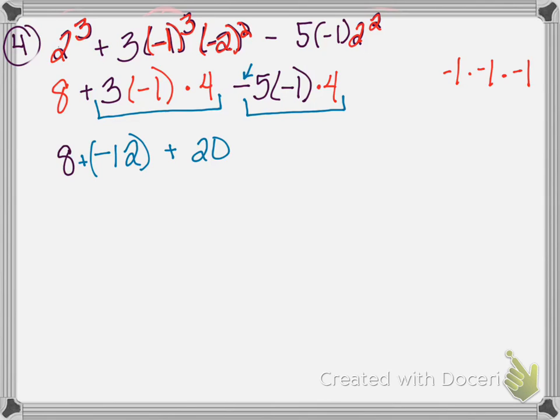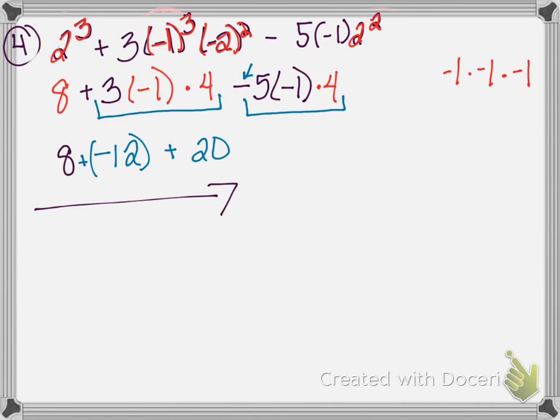Okay? Now, students at this point do things a different way. A lot of times students will just add and subtract from left to right, which is correct. Addition is commutative, and that means we can change the order if we're down to addition.